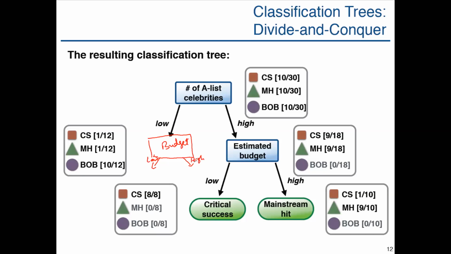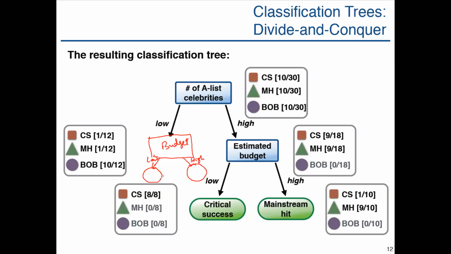ठीक है. अब इस केस के अंदर I have two possibilities here. अच्छा, ऊपर वाले इस नोड के ऊपर these are the values that I'm getting, right? 10 box office burst, 1 mainstream hit and 1 critical success.